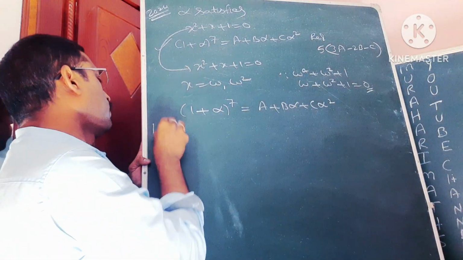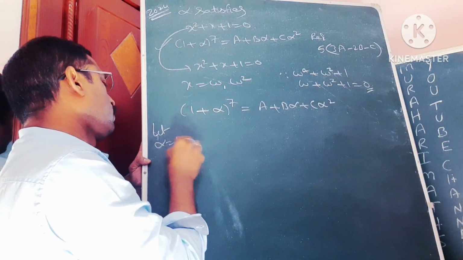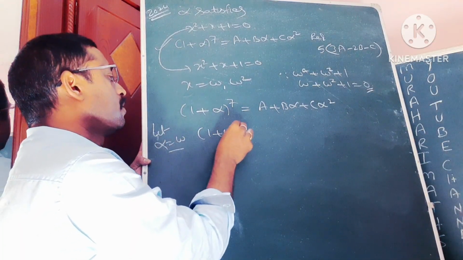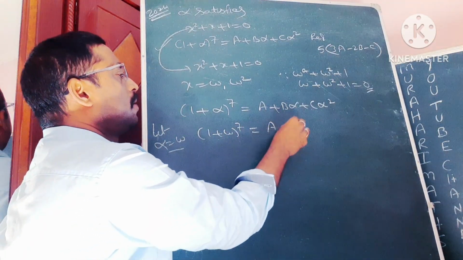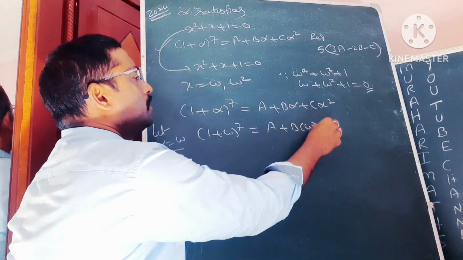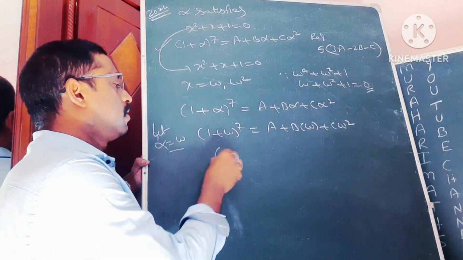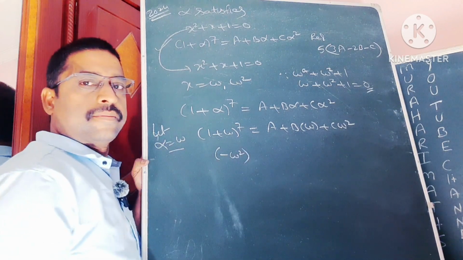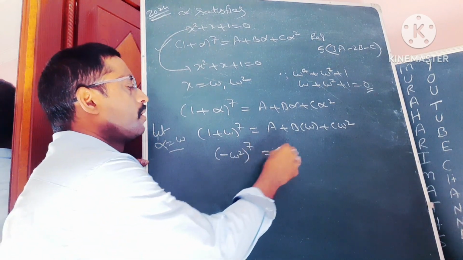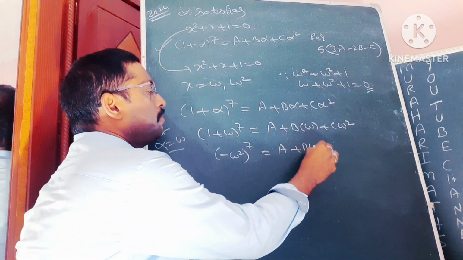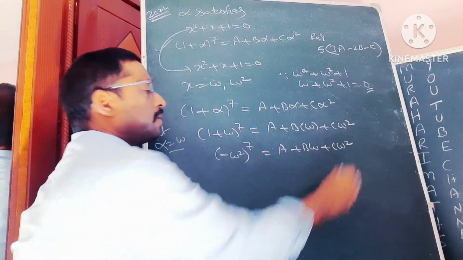Okay, now in the place of alpha, omega right here, omega or omega square. So let us take alpha is equal to omega. What we get here? (1 plus omega) power 7 is equal to a plus b into omega plus c into omega square. So 1 plus omega value how much here? Minus omega square whole to the power 7 is equal to a plus b omega plus c omega square.